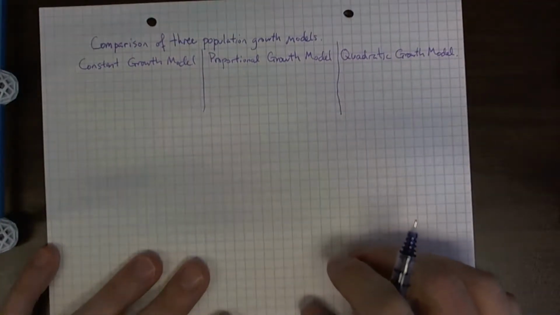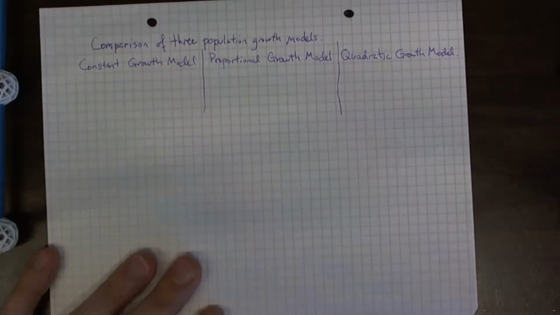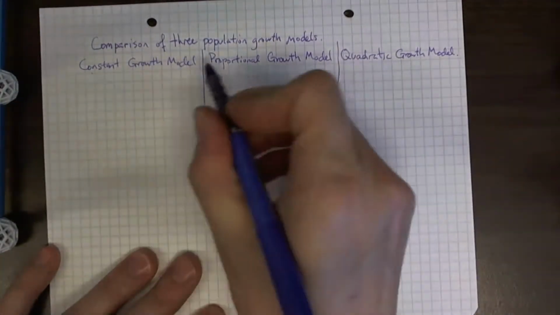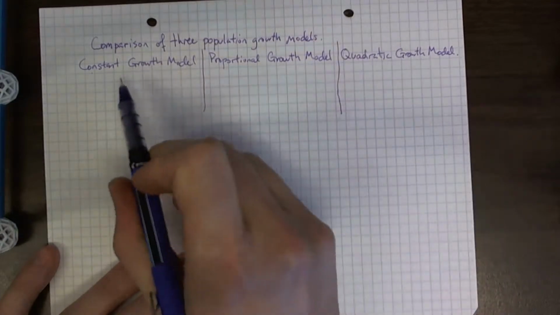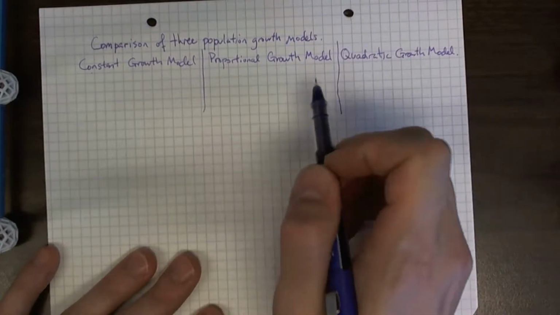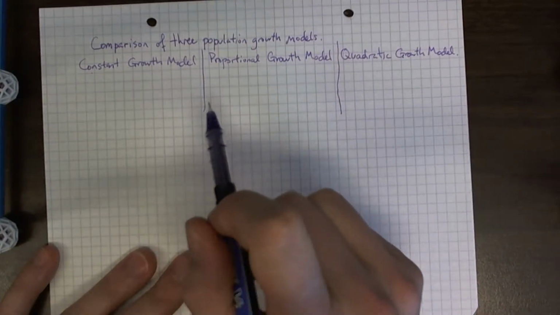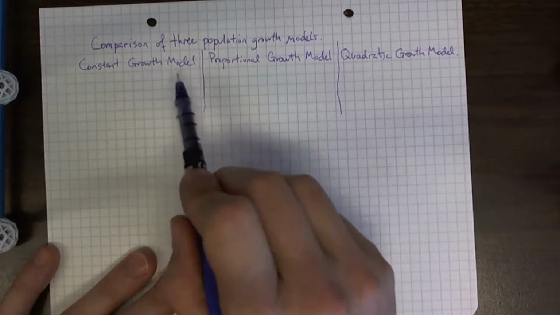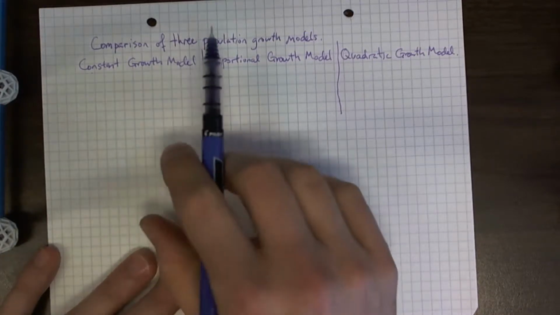Okay, and so when we talk about constant, proportional, or quadratic, these have to do with how fast the population is growing based on the current population.